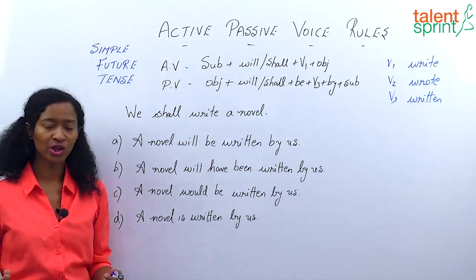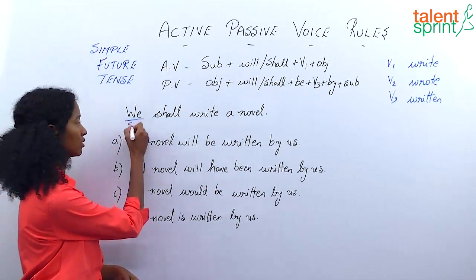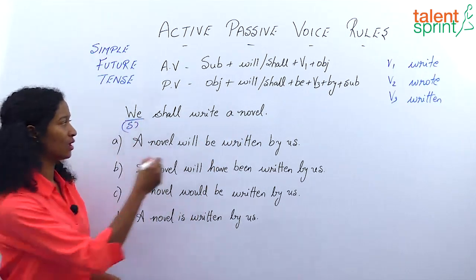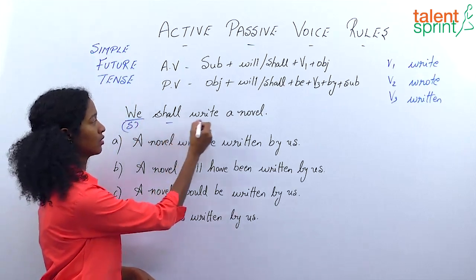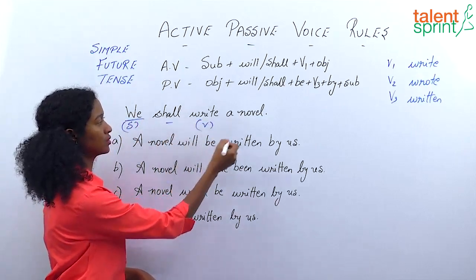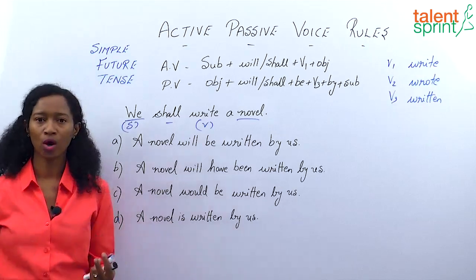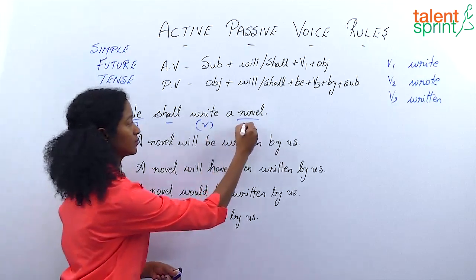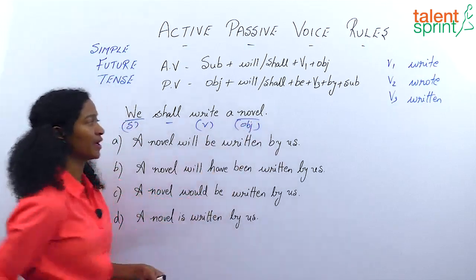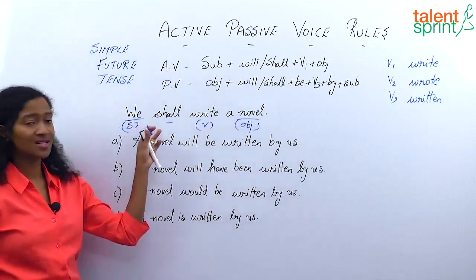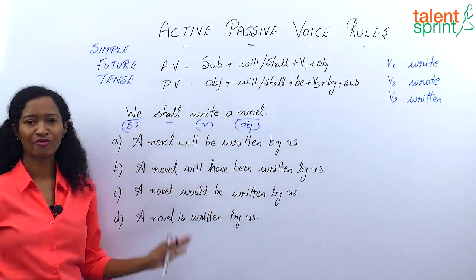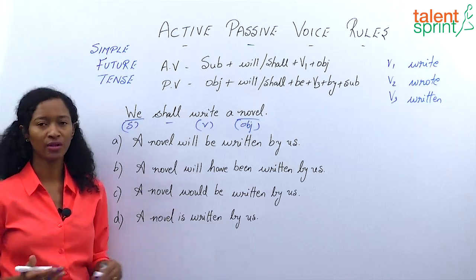So who shall write the novel? We, subject, shall, okay, write is our verb. Write what? Object, novel, right? So this is in active voice. We'll have to choose the passive voice from the given options.